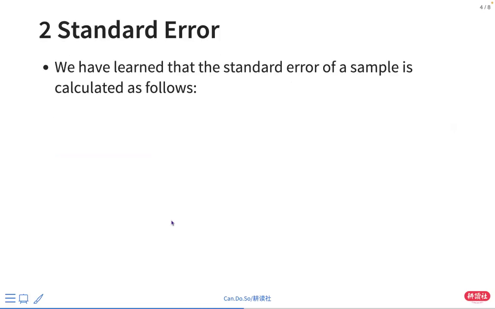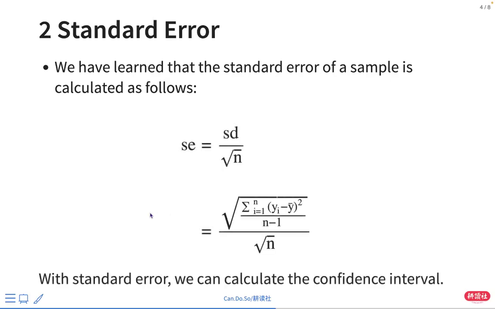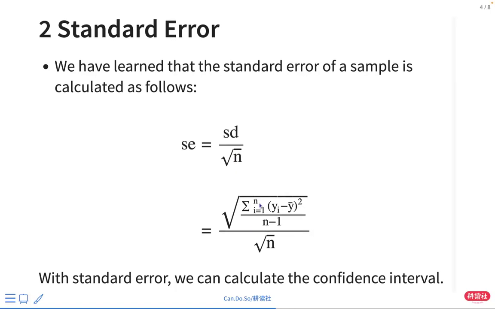In the last lesson, we learned that the standard error of a sample is calculated as follows. The standard error can be calculated by the standard deviation divided by the square root of the degrees of freedom. And this is the standard deviation.